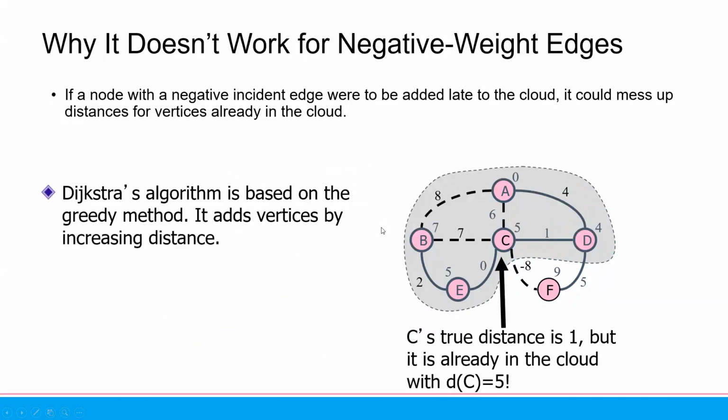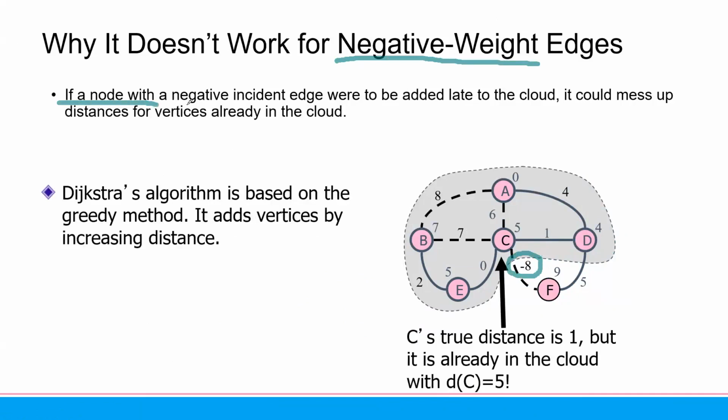The issue will be if there are negative weight edges. What is negative weight? The negative weight means if you find like this one, it is -8.